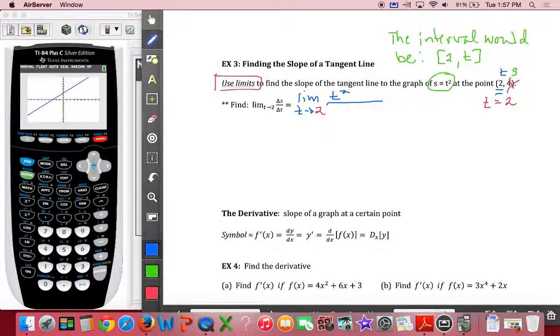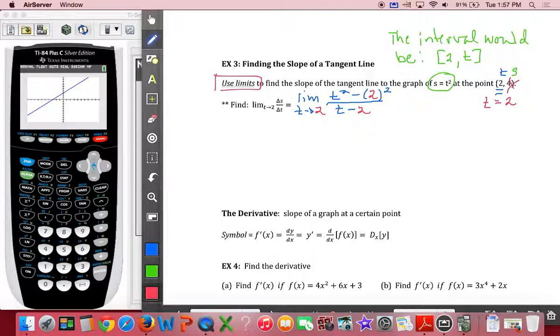And then minus always the original function, which is t squared, but you're going to plug in the value you're approaching. And aren't we approaching the value of 2? So it goes second. And then in the denominator, you take your variable t, and you subtract what you're approaching, which is 2.